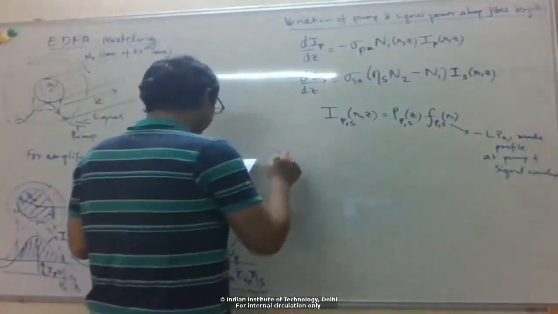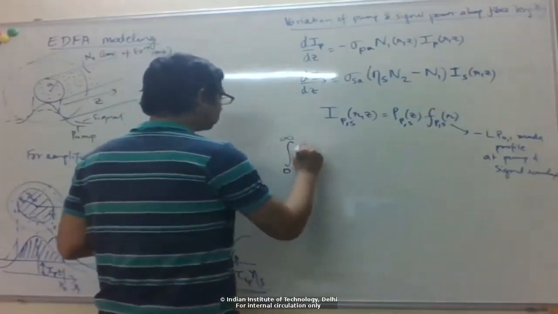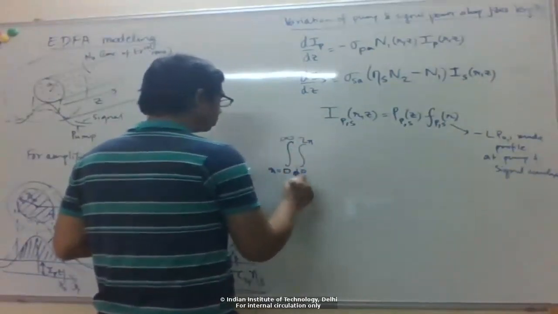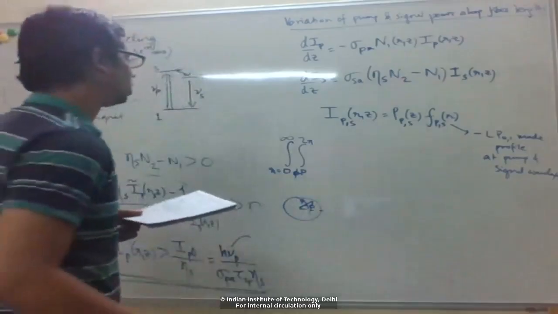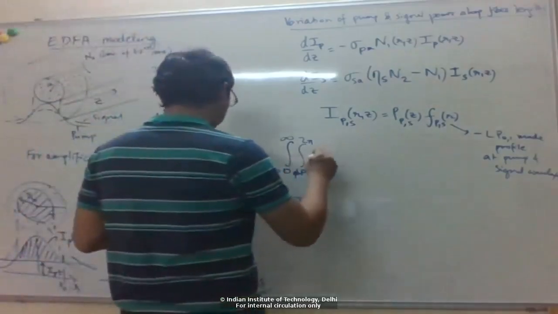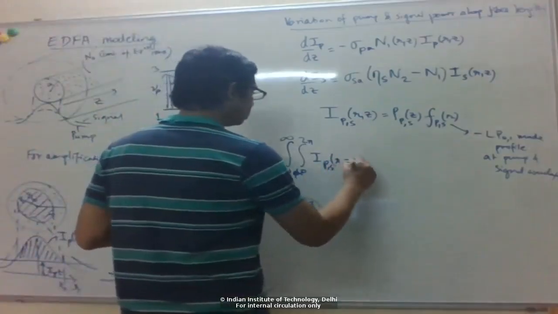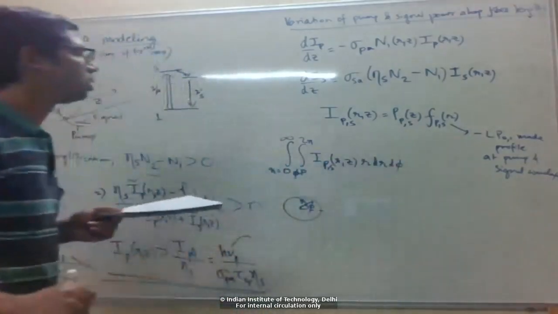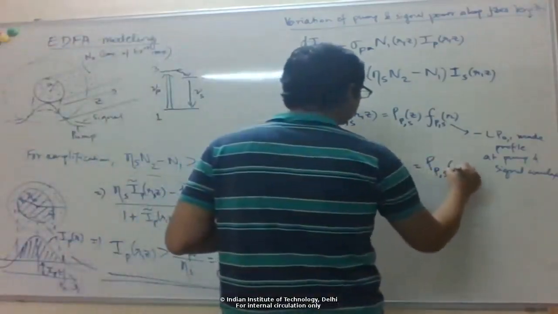So it is normalized such that if I integrate over the cross section, with r going from 0 to infinity, taking cylindrical coordinates, r and phi, across the fiber core, then this should just be the power.